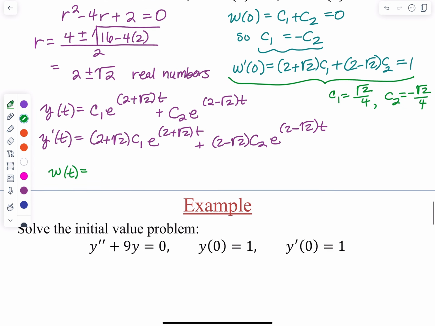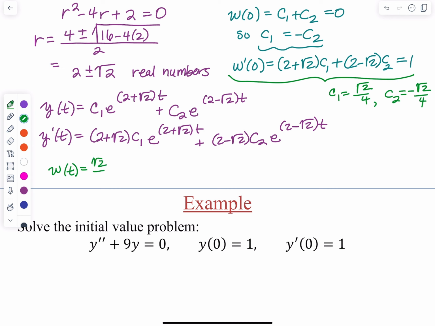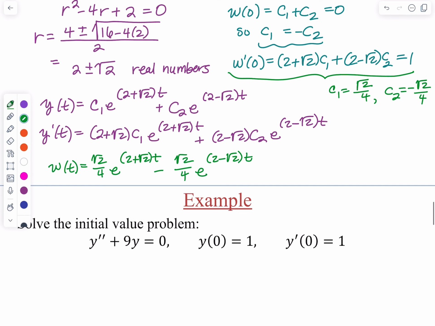So we have w of t equals root 2 over 4 e to the 2 plus root 2 t minus root 2 over 4 multiplied by e to the 2 minus root 2 multiplied by t.